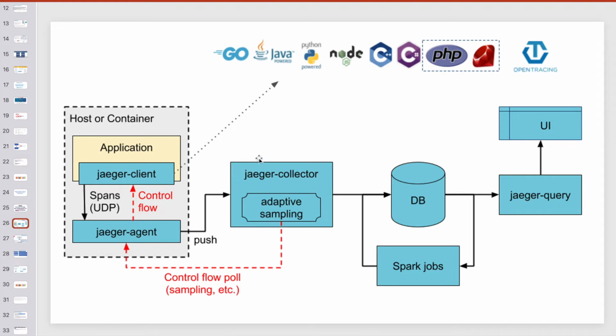So first we start the collector and connect it with Elasticsearch, then start the agent, which connects to the collector. Then I will start Jaeger query independently. It takes data from the database and shows it in the UI, right?